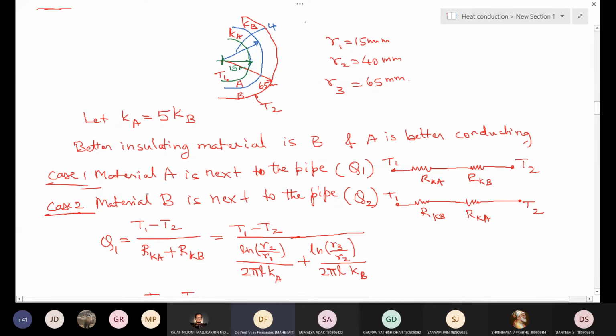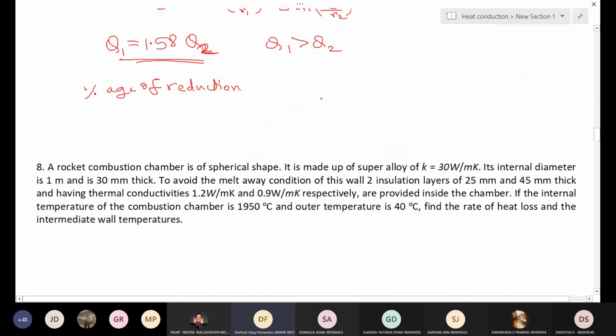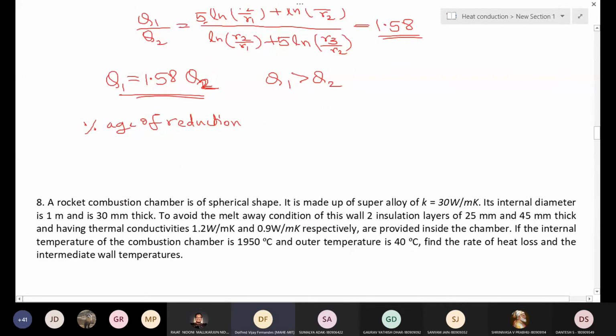That means better insulating material will reduce the heat transfer. When better insulating material B is next to the pipe, that is less than Q1. So that is true. So percentage reduction will be Q1 minus Q2 divided by Q1. Okay.